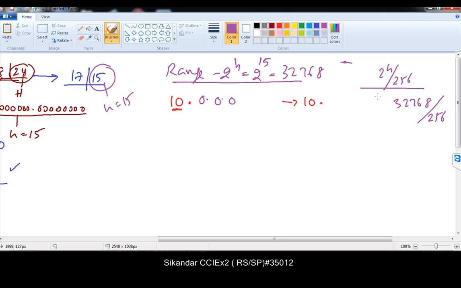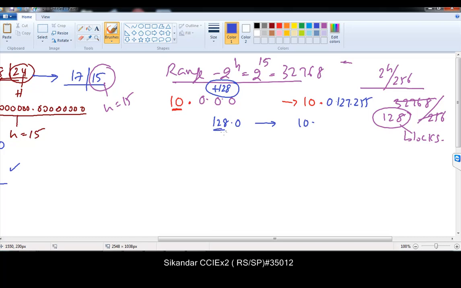In 1000 I get 4. In 32,000 I get how many? 32 into 4 becomes 128. So I get 128 blocks of 256 addresses required to have 32768 addresses, which means I need to add 128 in the third portion to get the next possible network. The next network is 128.0, which means my range ends on 0.127.255 under 10.